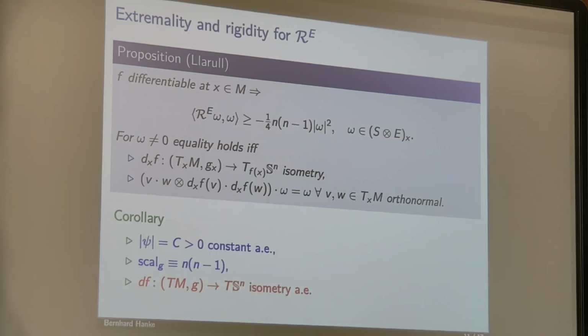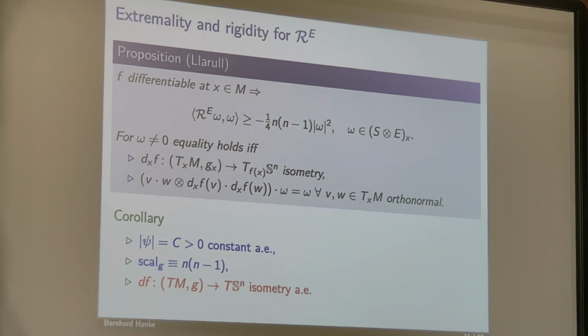And so there is a proposition which says, okay, this linear operator applied to an element in this twisted spin bundle, then we pair it with omega, is bounded below by minus 1/4 times n times n minus 1 times the norm of omega squared. And equality holds under very special conditions. Namely, this comparison map has to be an isometry at the point x. And we have, in addition, a condition on the Clifford multiplication.